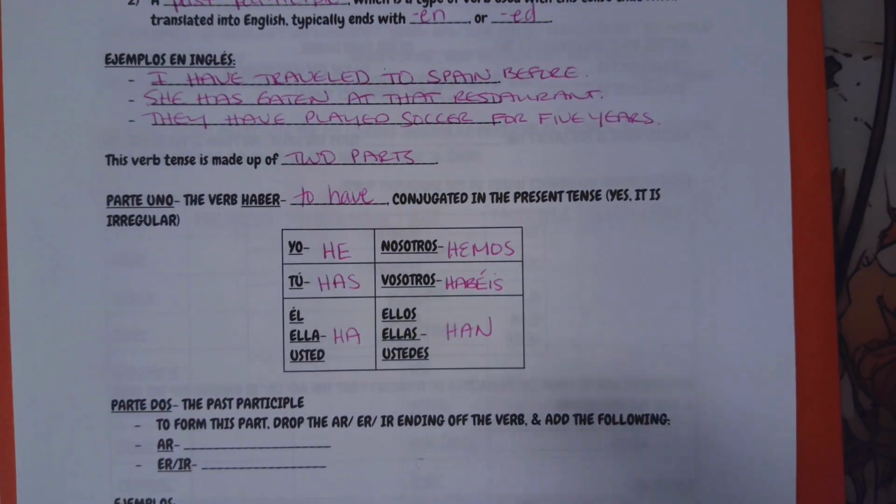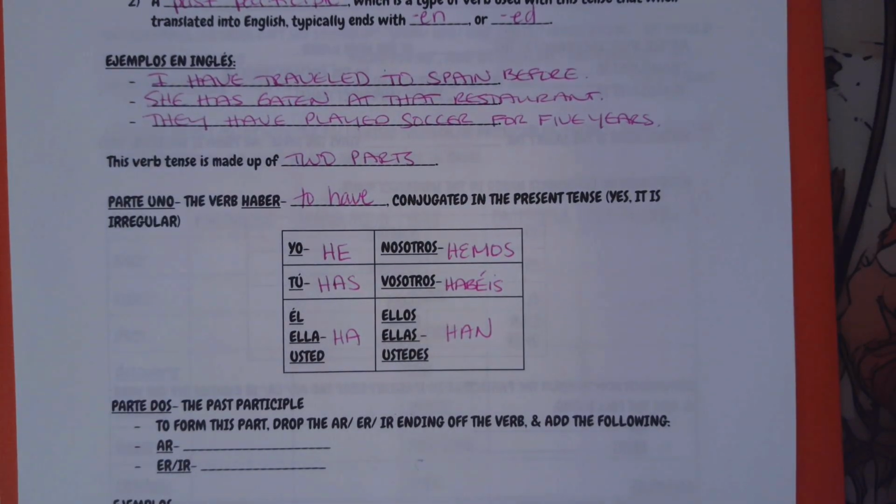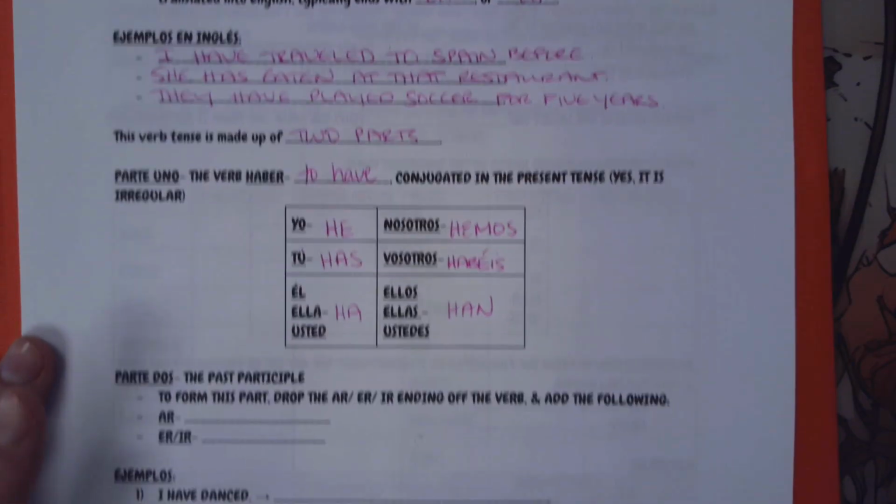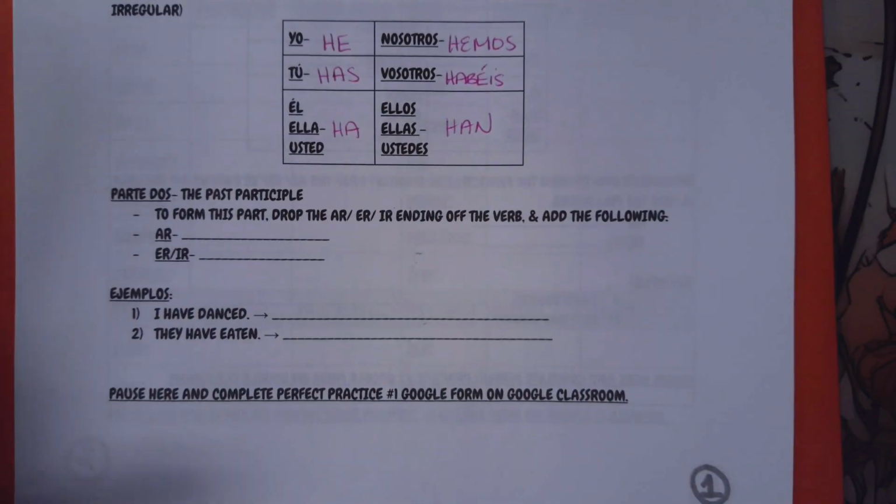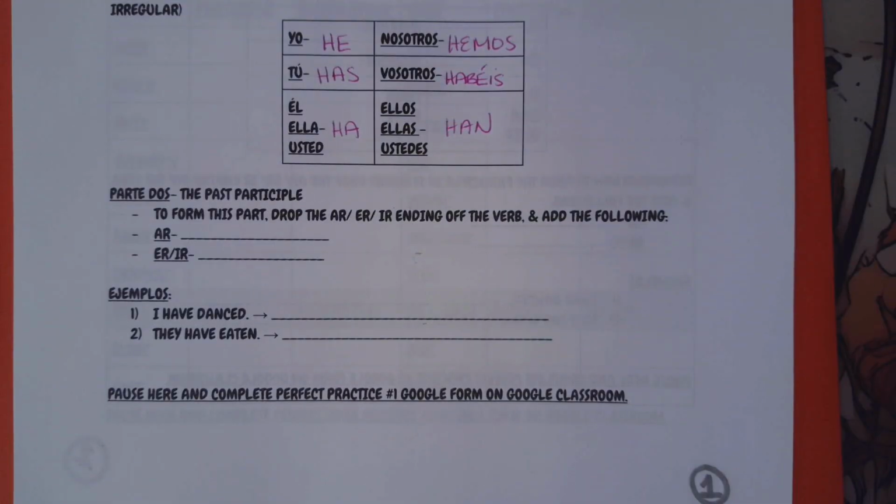So when we conjugate this part accordingly, we're taking care of the have or has part of this verb phrase. And the second part of this verb phrase is that past participle. This part is pretty easy to form unless the verb is irregular, which we'll look at later on. But if that past participle verb is regular, it's pretty simple to form.